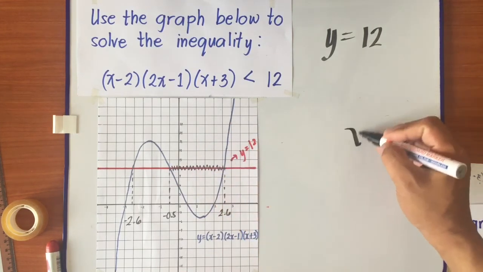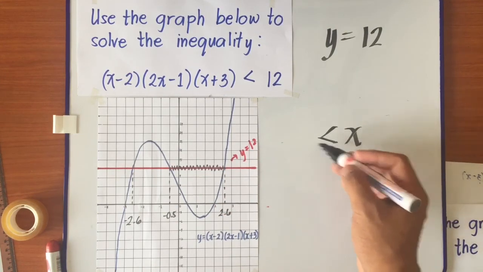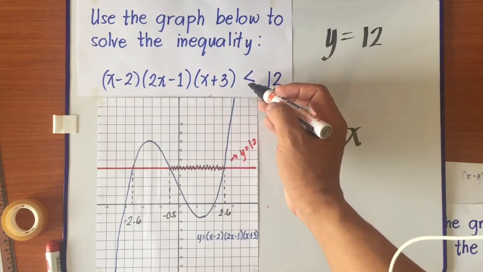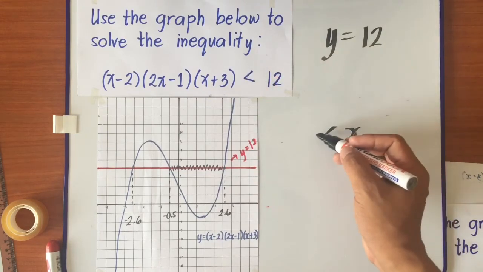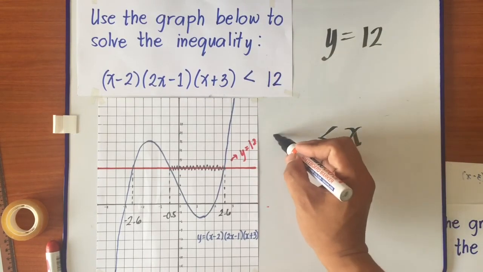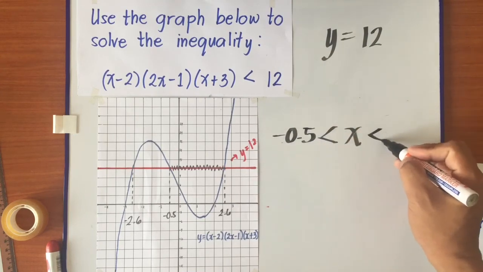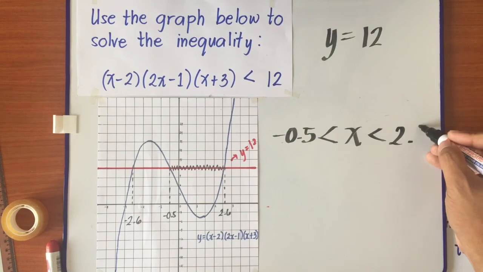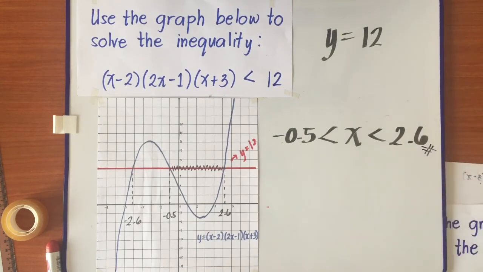So it means x is greater than... I am not going to write an equal sign because there is no equal sign there. It says only less than. So x is greater than -0.5 but less than 2.6. That's one of the answers.